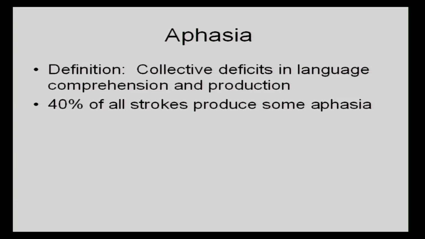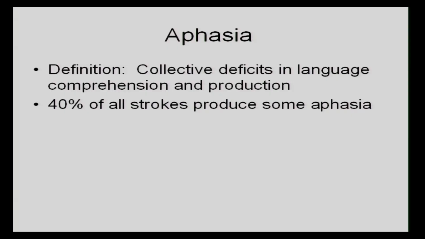Some of them help with the comprehension of auditory information coming in, and other parts of these language areas help with the verbalization, the speaking of language. A scary fact is that 40% of all strokes produce some aphasia, some language impairment, and you may have had direct experience with friends or family members who have had strokes and have either language production problems, problems speaking, or more difficulty understanding.